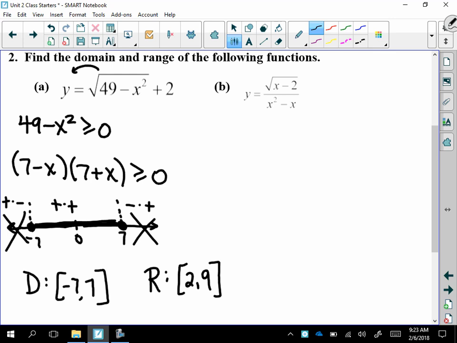If I'm subtracting x squared, what's the smallest value of x squared? 0, right? Because if I try to plug in a negative for x, it's going to turn positive. So if I minimize the value of x squared by making it 0, 49 minus 0 is 49. The square root of 49 is 7. 7 plus 2 is 9. So the biggest value that I could have is 9.